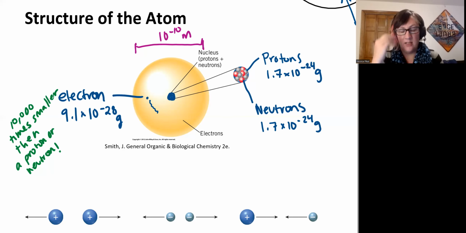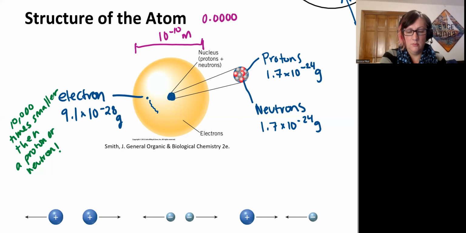So small, but not quite as mind-bogglingly tiny as the mass. But still, that is saying it's 0.1 with that many zeros before the 1 meters. So super tiny.